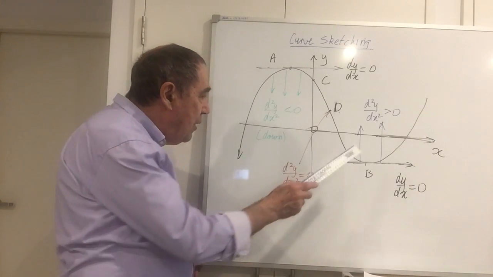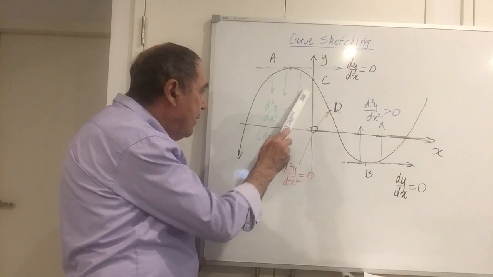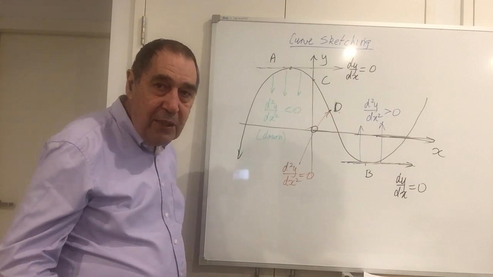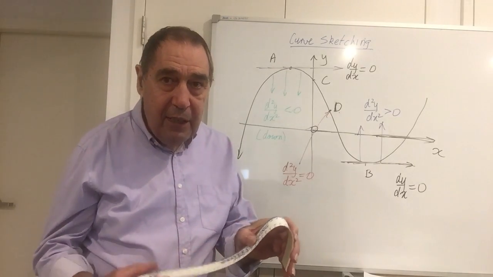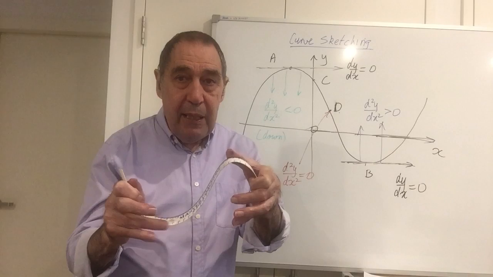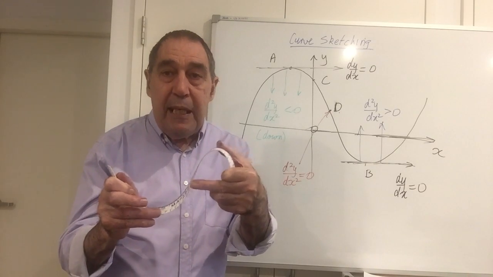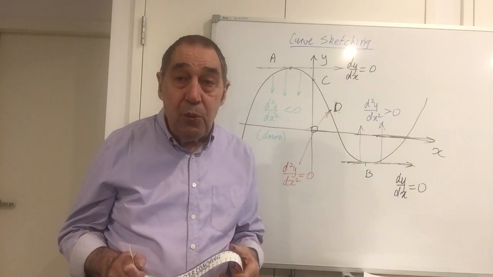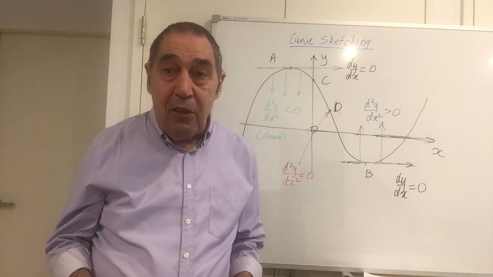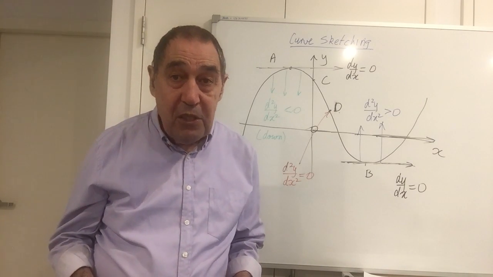Now, somewhere between being greater than 0 and less than 0, there has to be a point where it passes through 0. If you have a look at this bendy ruler that I have in front of me, if we have the maximum up here and the minimum down here, somewhere between there, there's no bending or no flexing. The prefix for no is often in, like invisible, not visible.